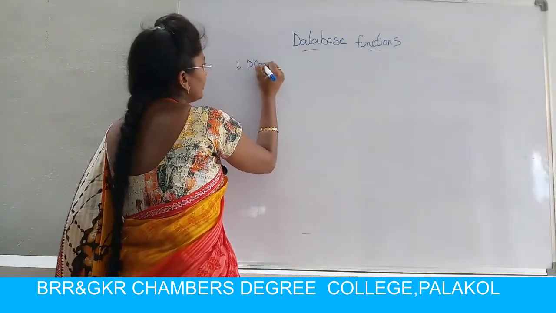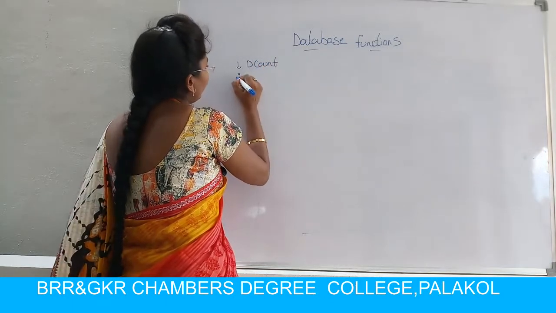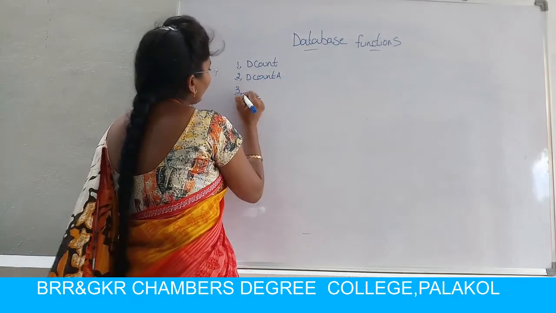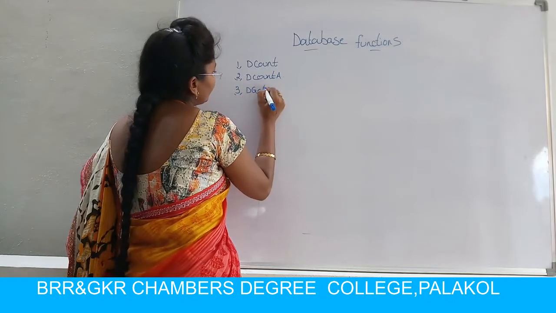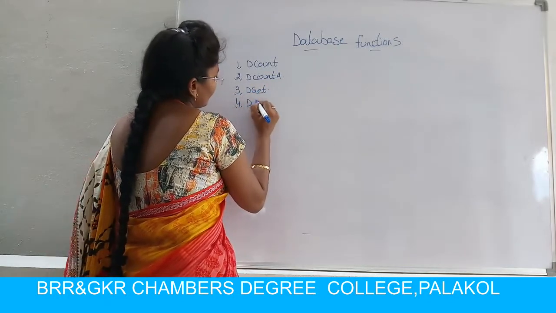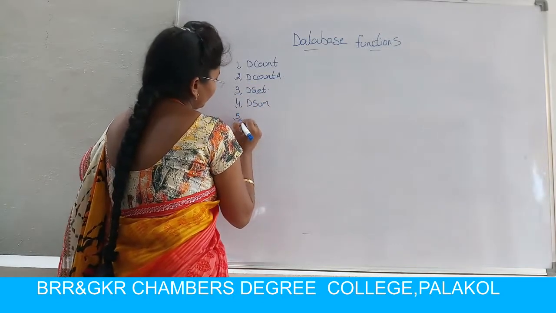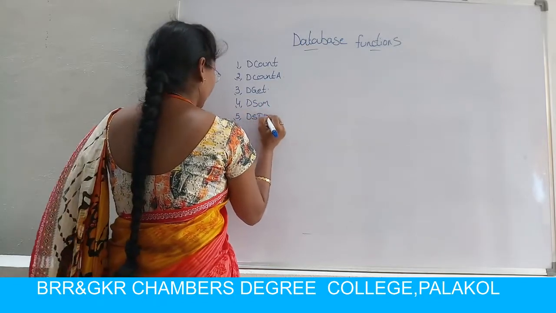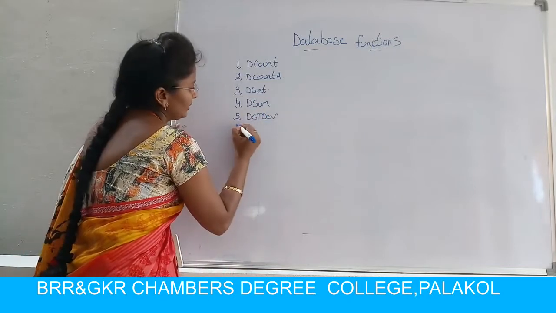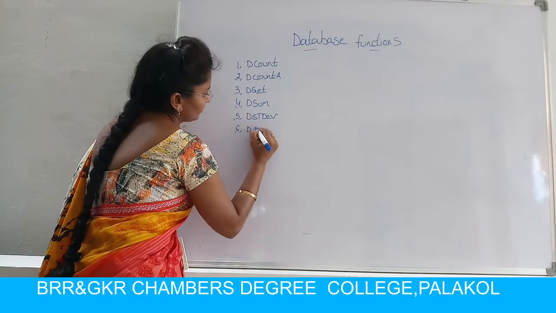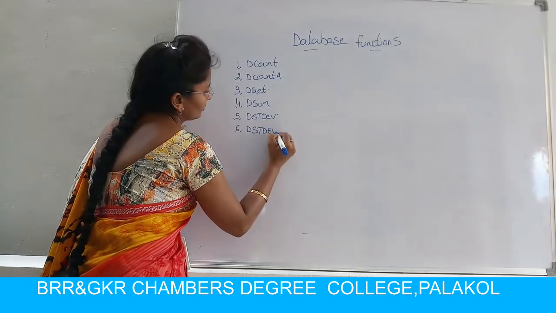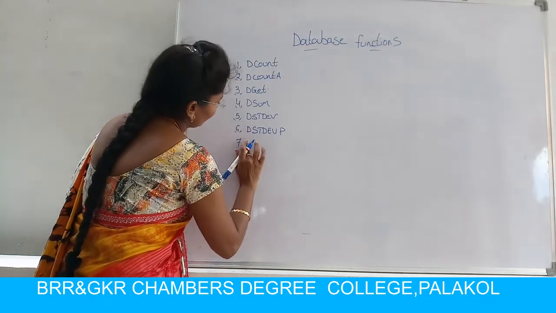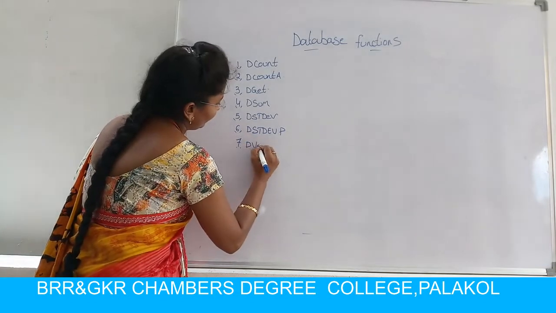That means DCOUNT and DCOUNTA, database count A, DGET, DSUM, and then DSTDEV, that means standard deviation, DSTDEVP, and DVAR, variance.